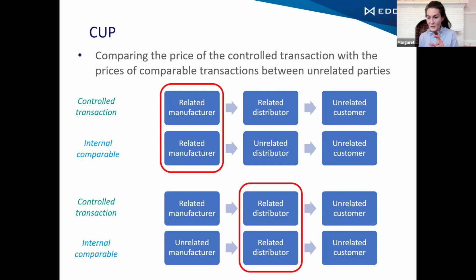So it's those prices that you're going to use in your benchmark. And so that's a CUP. It's almost always with internal comparables, but you need to look at it from both directions. It can be selling to or buying from. And some people forget that.